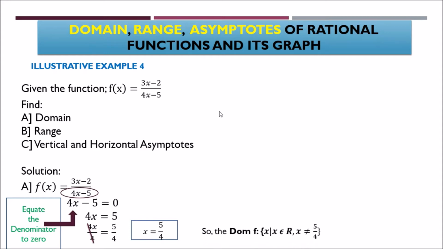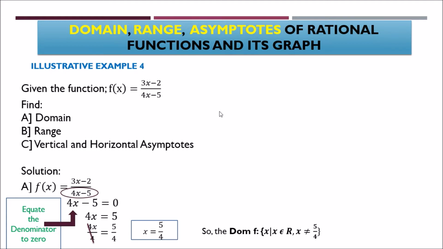It means that the domain of the function is the set of all x such that x is an element of real numbers where x is not equal to 5 over 4. Because if our x is equal to 5 over 4, then our function will lead us to an undefined solution.